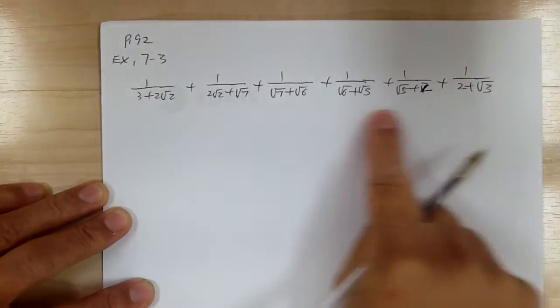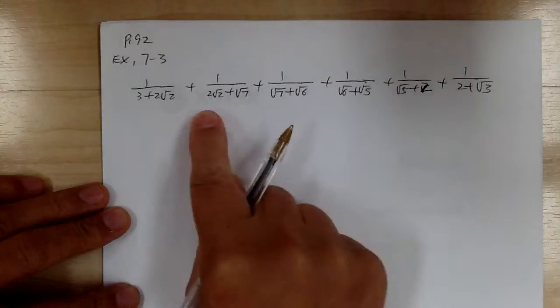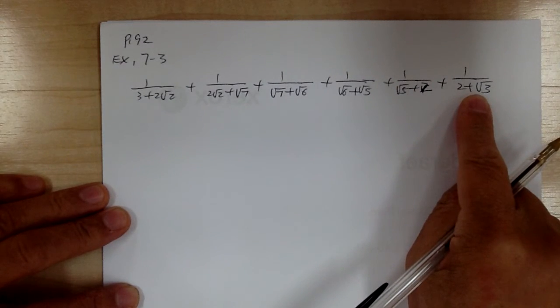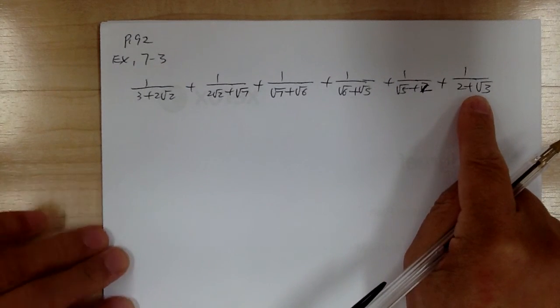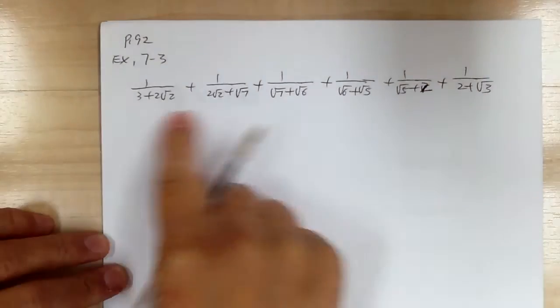So when you have a long expression to evaluate, right away you know there has to be a trick, okay? And the thing to do is look for a pattern.